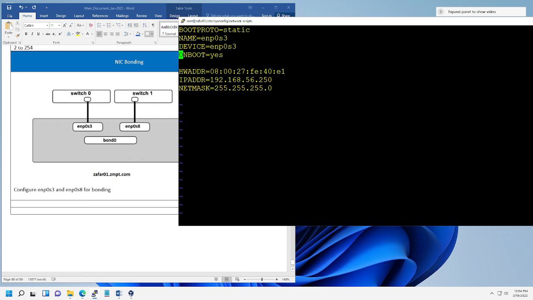The next item I need is ONBOOT=yes. And BOOTPROTO, I'll put the boot proto as none here. It's not going to be static or dynamic DHCP.